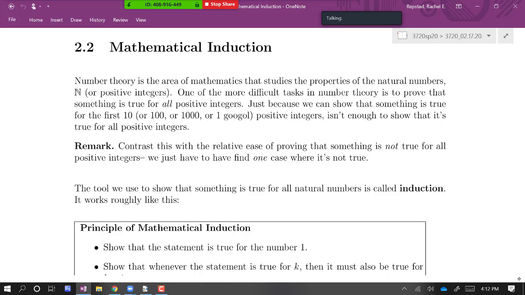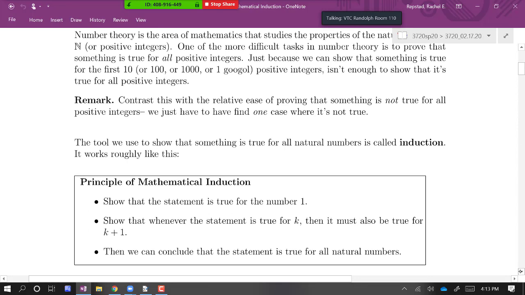Induction is a technique we often find helpful if we're trying to prove something is true for all positive integers, all infinitely many of them, or in restricted cases, maybe all positive integers starting at 4. Maybe something isn't true until you get to n equals 4, but then it's true for everything thereafter. The problem is you can't show that something's true for all positive integers by checking it. You can't check the first 1,000 or the first 1,000,000 and then say it's proved. We have stronger requirements for that in mathematics.